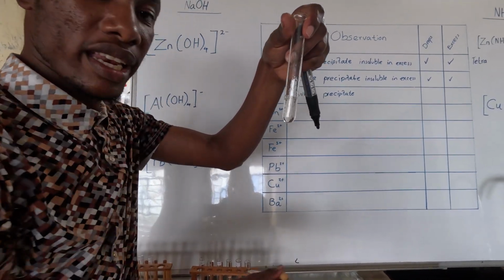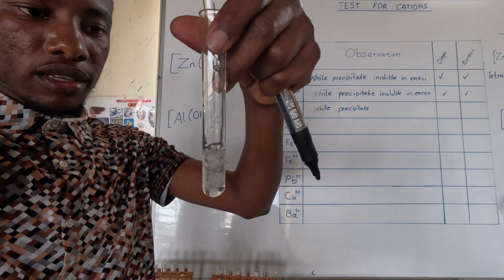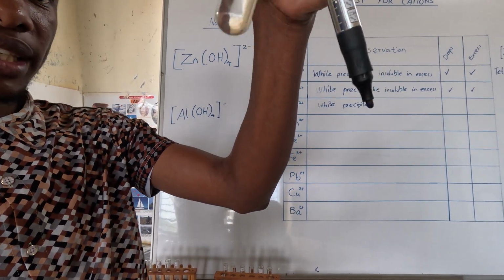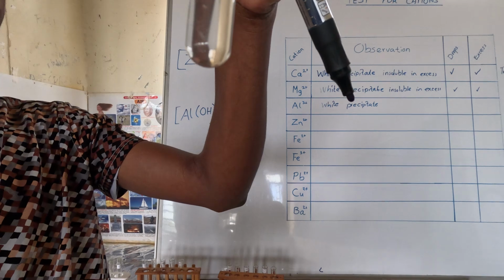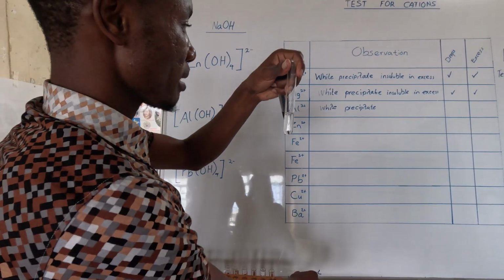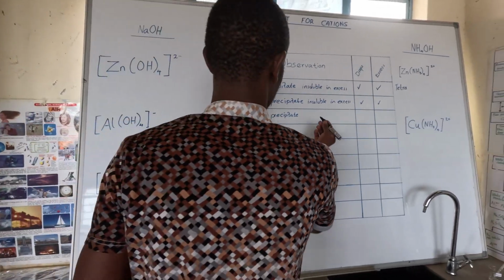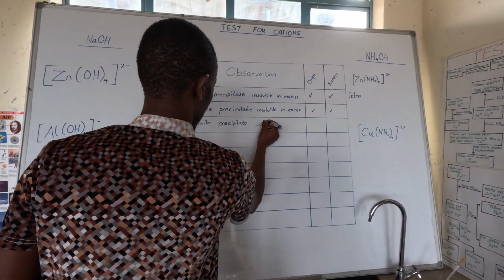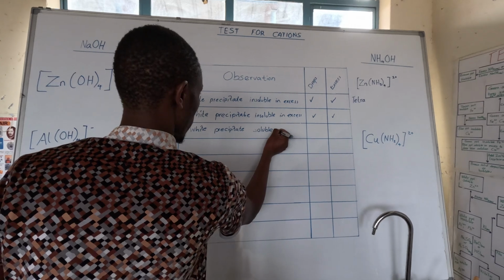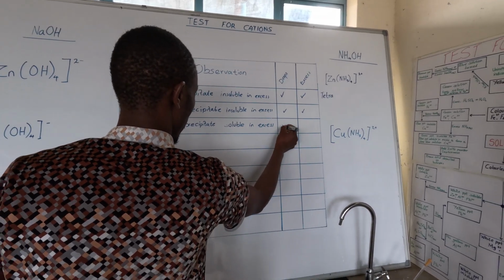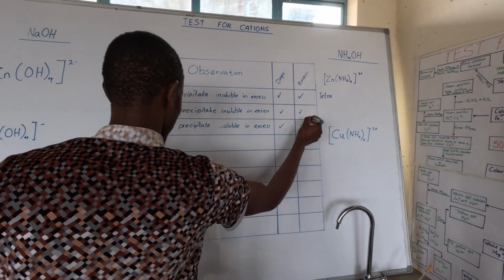I want you to be very keen on it. The white precipitate is doing what? It has dissolved. So when something dissolves, we say it is soluble. So you can say soluble in excess. So here, white precipitate, soluble in excess.